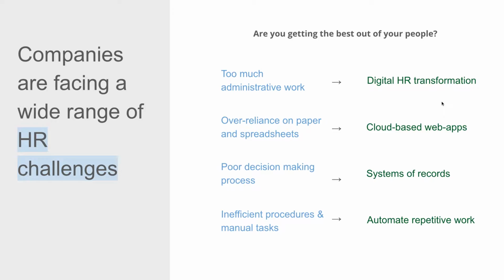The second one is over-reliance on paper and spreadsheets. Here again, the fact that people will not have to access a spreadsheet or update an Excel file manually, or fill in a sheet of paper, and then a person from the HR department has to update some reports, send some emails and update the allowances, means a lot.